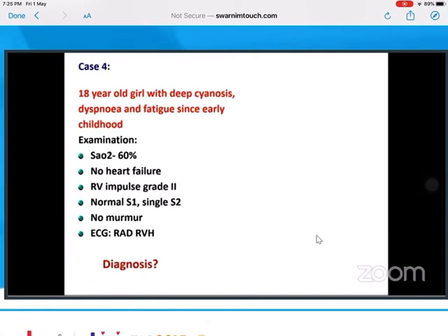18-year-old, but deeply cyanosed. You can see saturation of 60%, still not in heart failure, has an RV impulse, which is grade 2, single second heart sound, no murmur, right axis deviation, right ventricular hypertrophy.